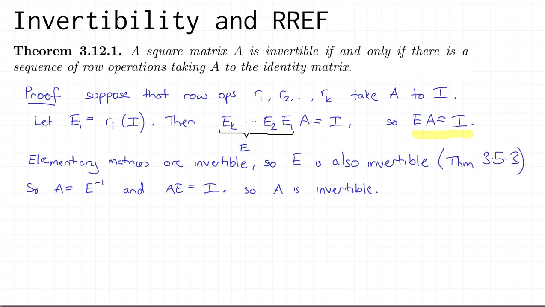So we've done one direction. We've shown that if there is a sequence of row operations taking A to the identity, then A is invertible. So let's now do the other direction. So now suppose that there is no sequence of row operations taking A to the identity.